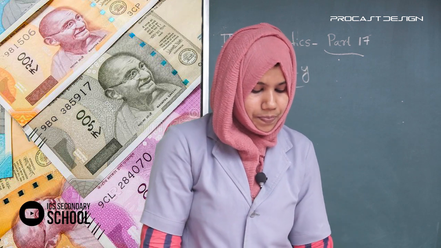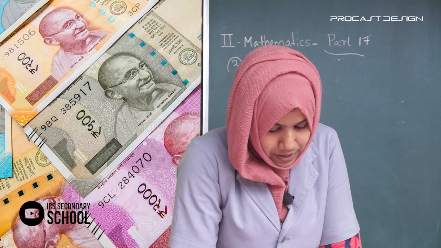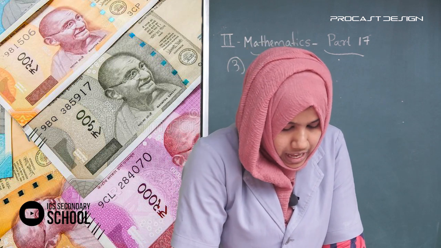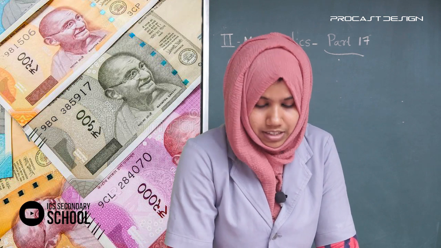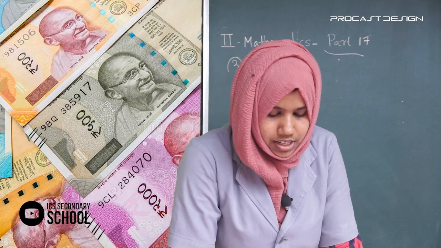First one: the ball costs rupees 18, the teddy bear costs 15, the helicopter costs 42, the car costs 65, and the doll costs 32. So here are some problems.